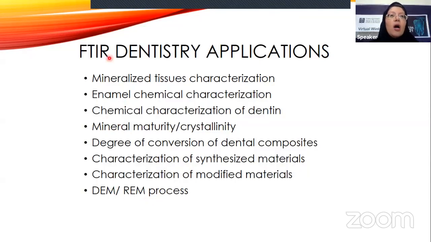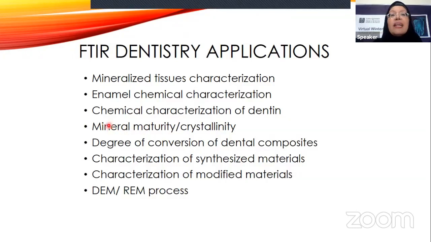And also by measuring the content of amide, we can know the organic content of tooth structure. For some research, maybe we need to know the organic content of materials, or also the carbonate is important.